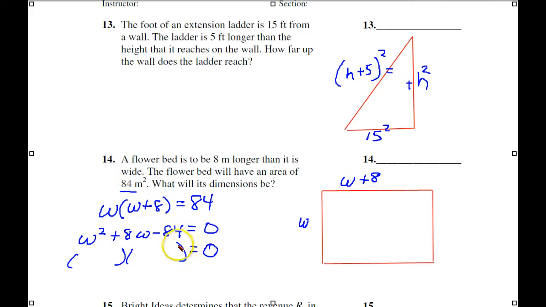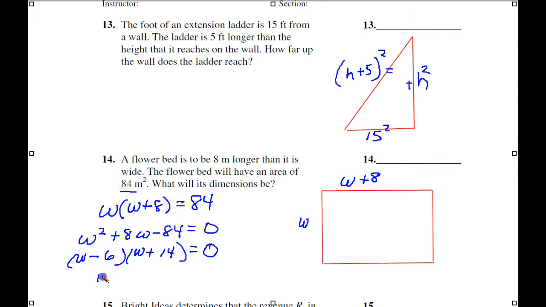Well, factors to give me 84, how about a 6 times 14? And you might say, how did I know that? Well, I had worked these out already. And how did I work it out? Well, I grind it out like you would have to grind it out. So this is going to be a plus. This is going to be a minus. Okay?